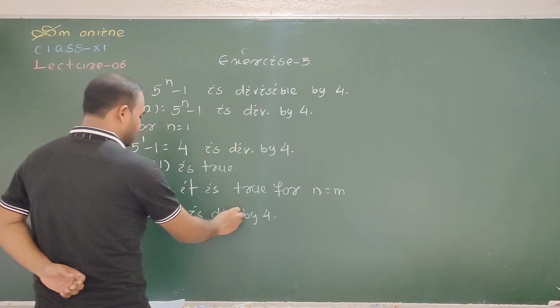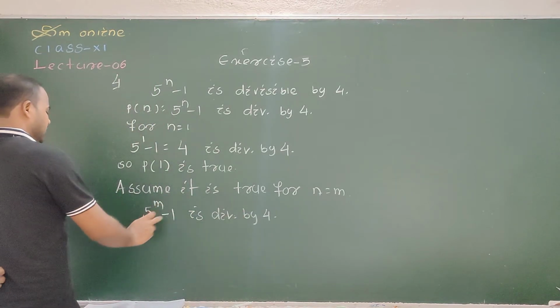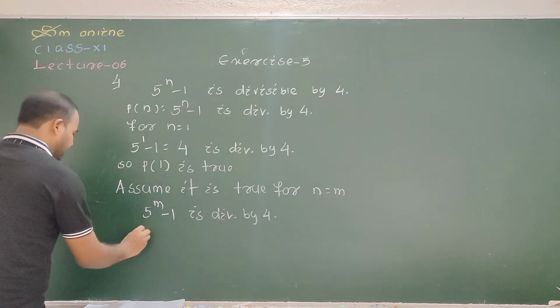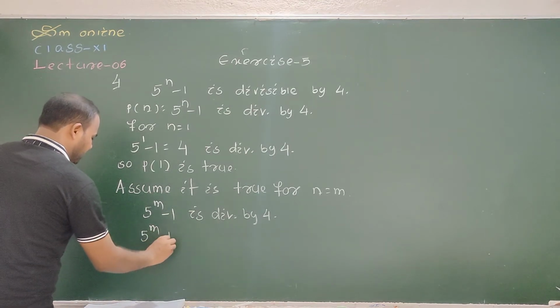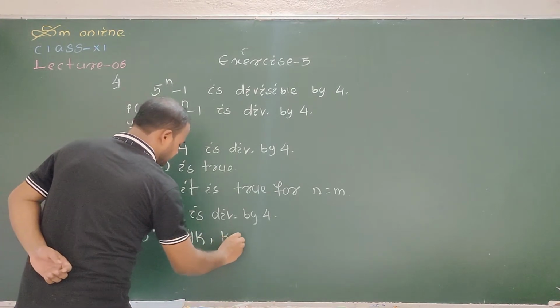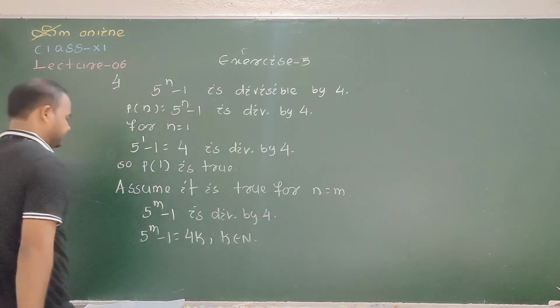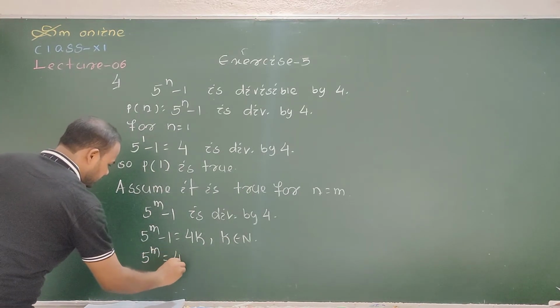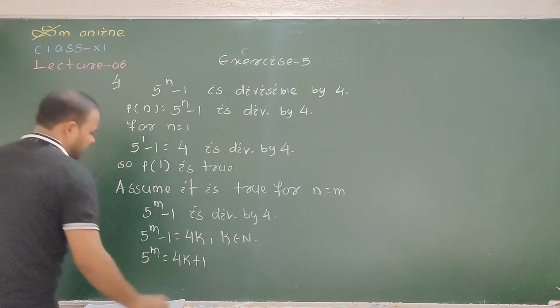We write in short that 5 to the m minus 1 is divisible by 4, that is 5 to the power m minus 1 equal to 4k, where k belongs to the natural numbers. Now what will be the value of 5 to the m? This is 4k plus 1.